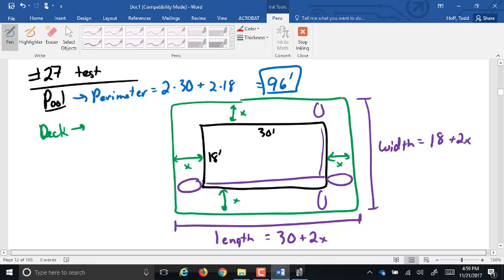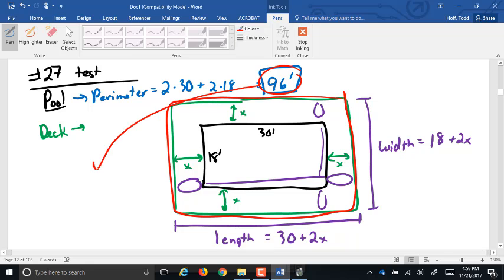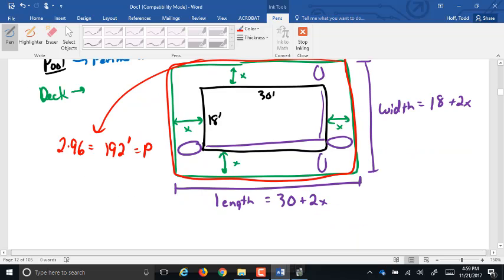We were told the perimeter around the deck is double the perimeter around the pool. So 2 times 96 is 192 feet is the perimeter around the deck. And we're asked to find the length and width around the whole deck.